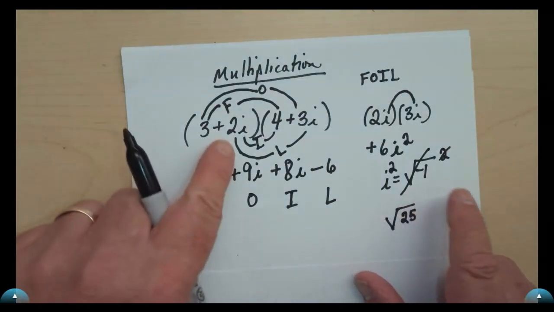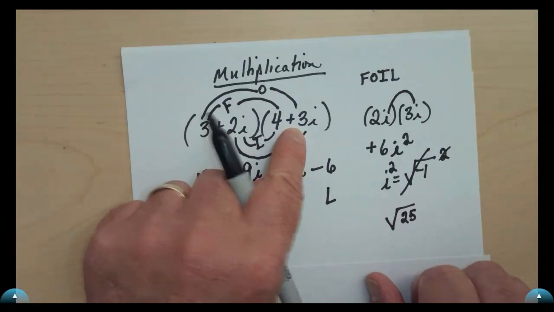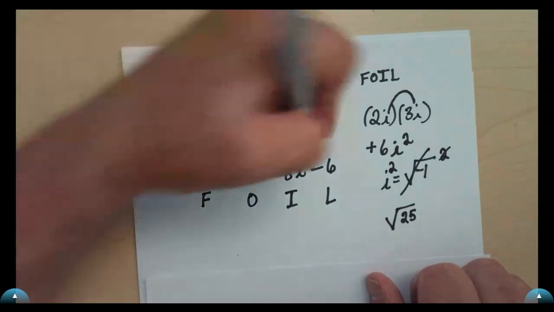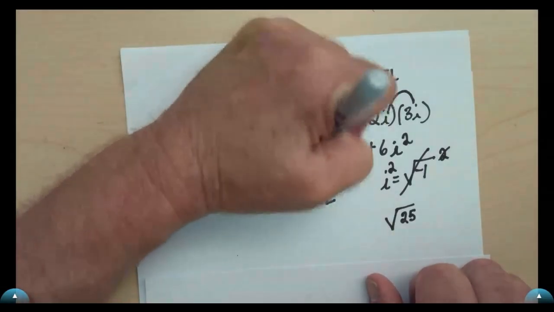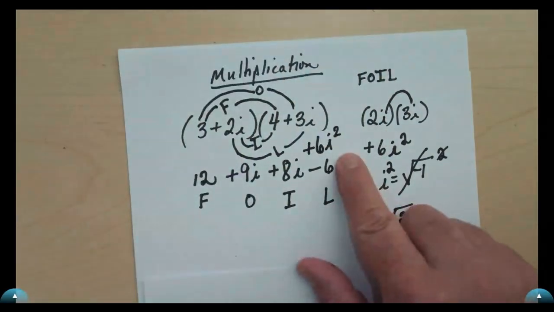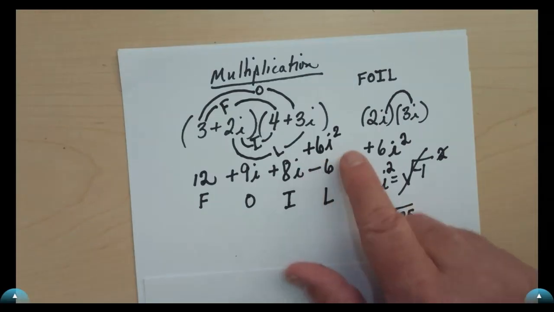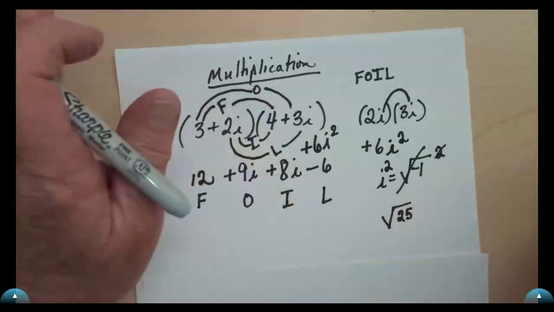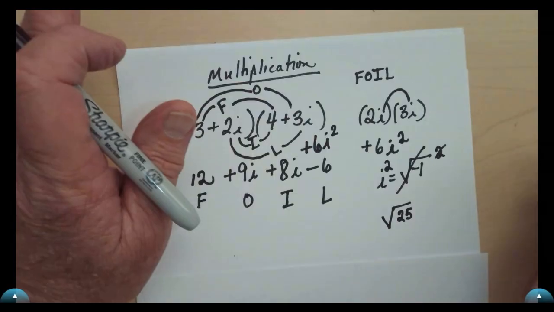So do you see why, when I said that 2i times 3i, do you see why I said that's equal to negative 6? Because what it's really equal to is positive 6i squared. But i squared is actually negative 1. And positive 6 times negative 1 is actually negative 6. Do y'all see that? That's the entire trick in multiplying these complex numbers.